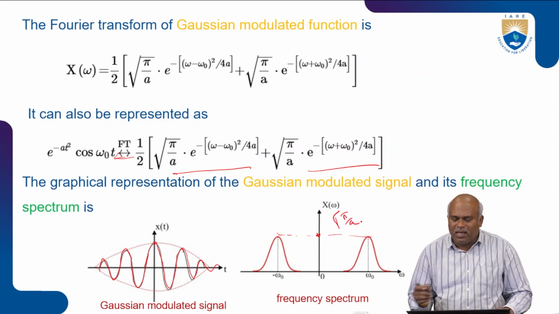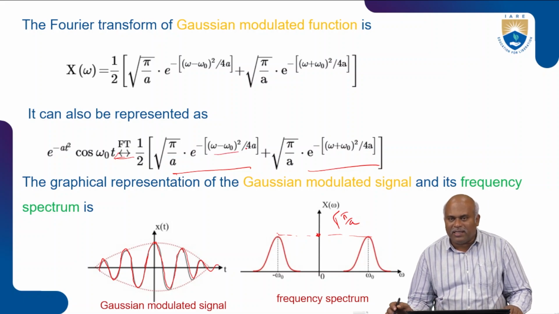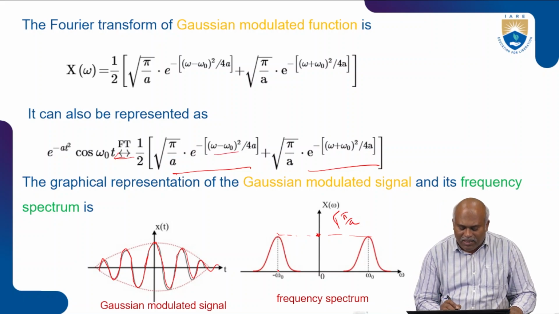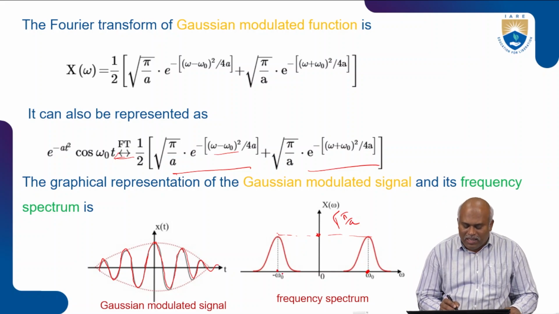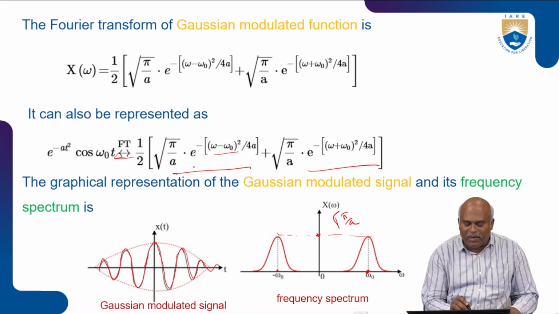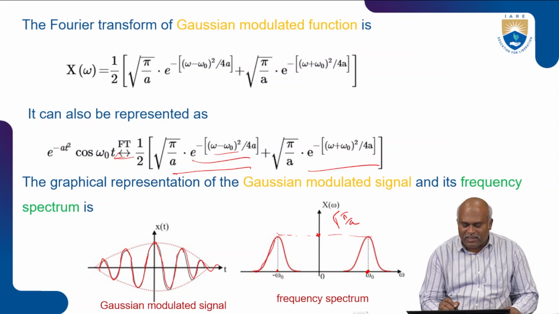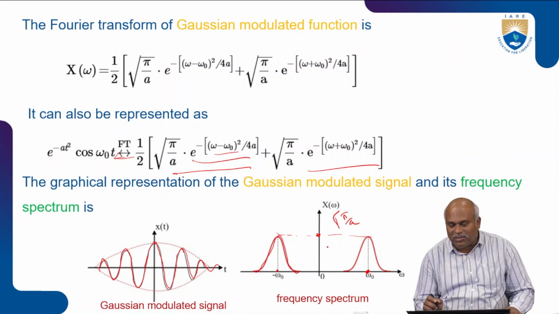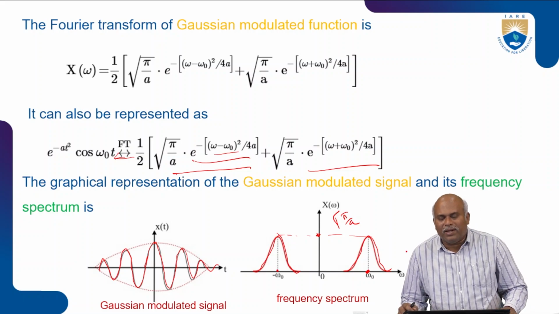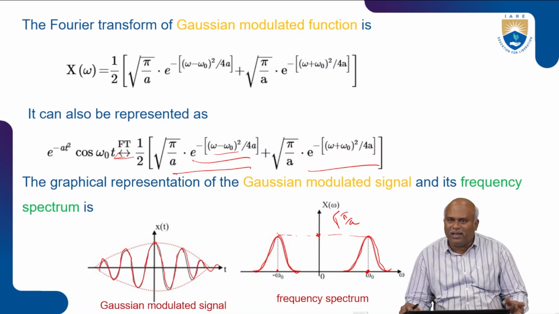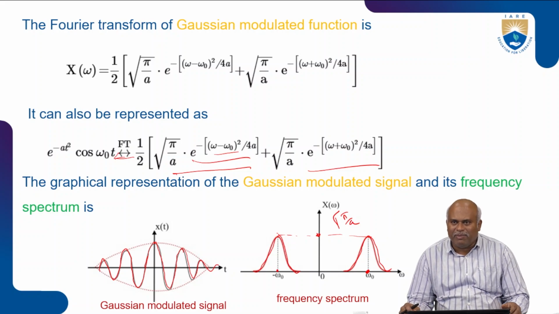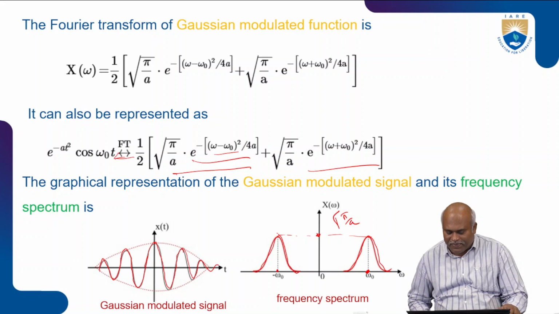The frequency is omega minus omega 0, that is plus omega 0 as well as minus omega 0. The minus omega 0 gives one Gaussian function, the first Gaussian function. On the second, positive side, another Gaussian function occurs. This means the Fourier transform of the Gaussian modulated signal produces two different frequency spectra in the magnitude response. The maximum amplitude is equal to root of pi by a.